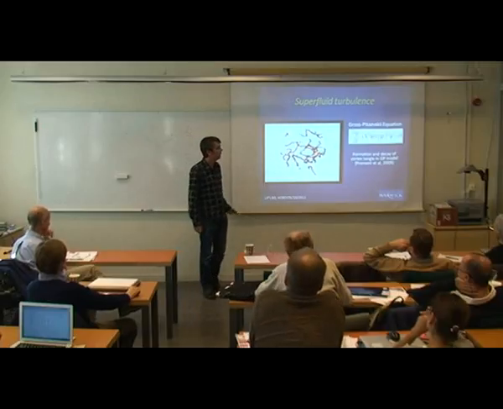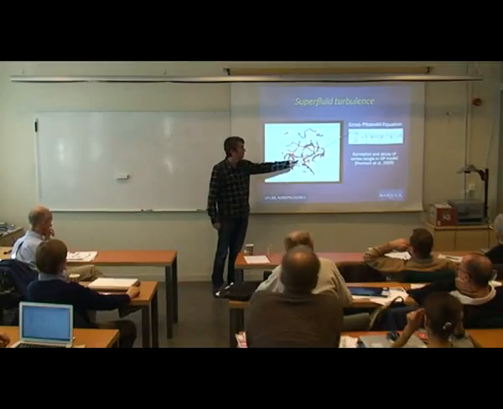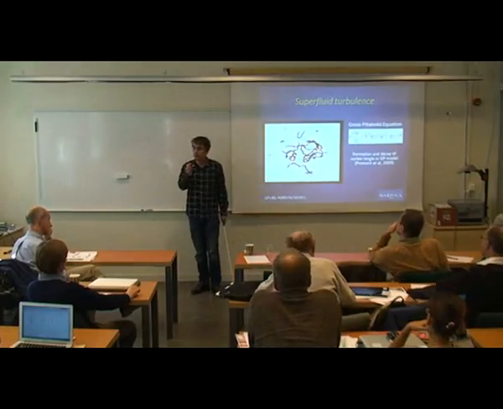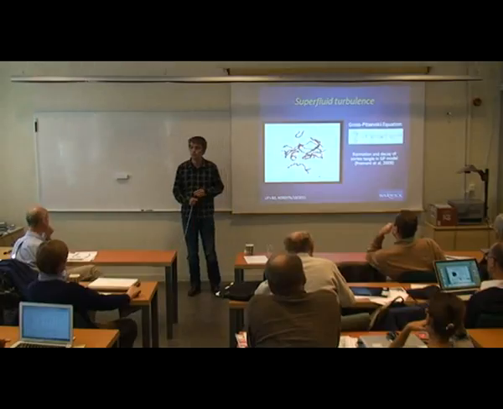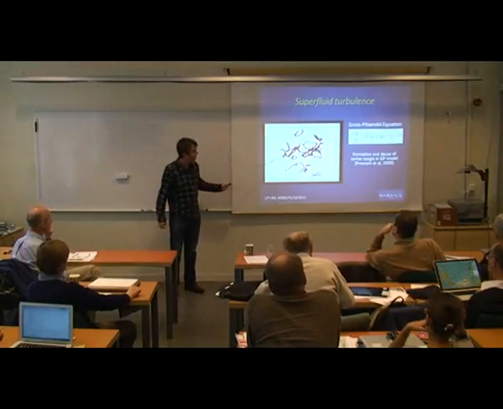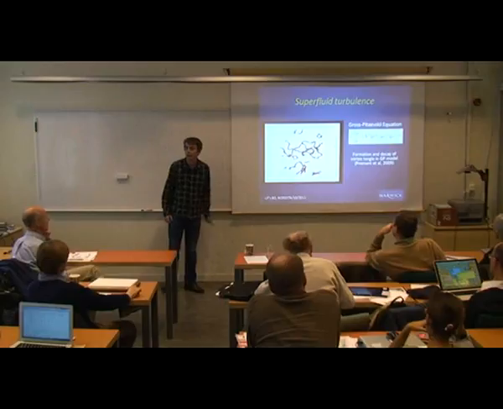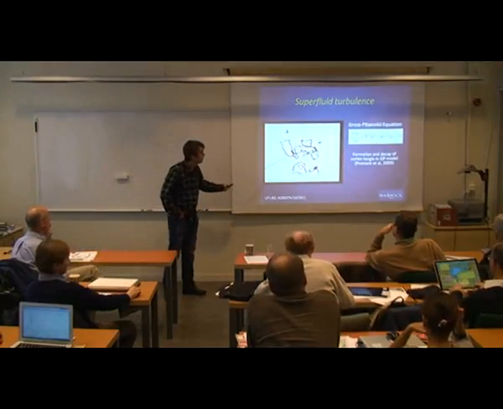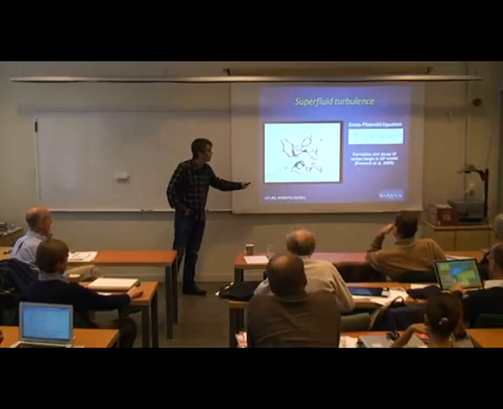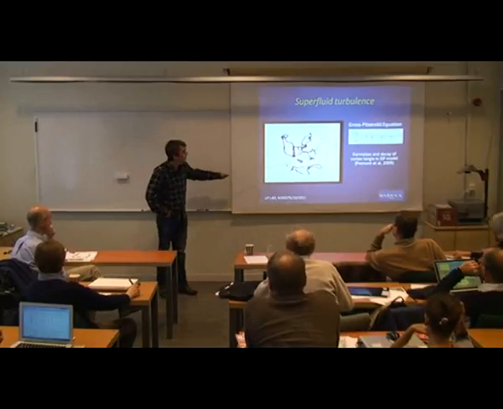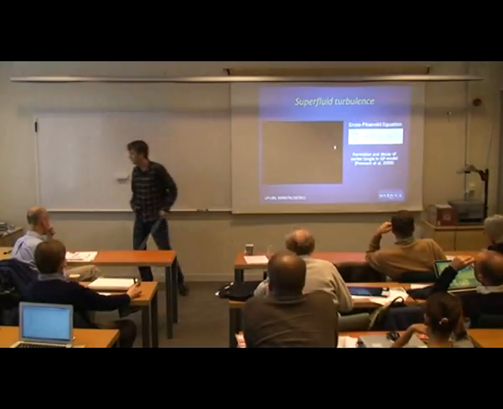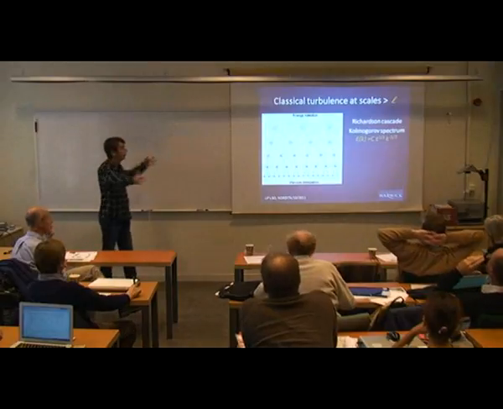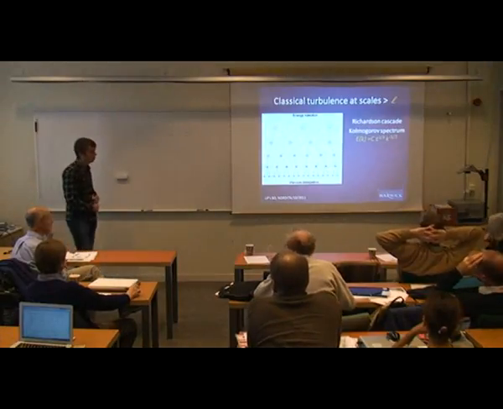The contours are levels of modulus of psi squared, taken at some low value of psi, so it's where psi is close to zero. You mark the regions where psi is close to zero, and you see that you actually get more and more order, and these vortices, which are defects of the phase of psi, become large scale, and eventually large scale order appears.